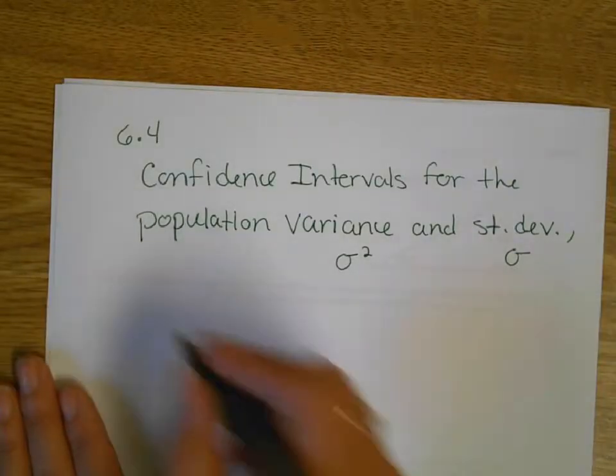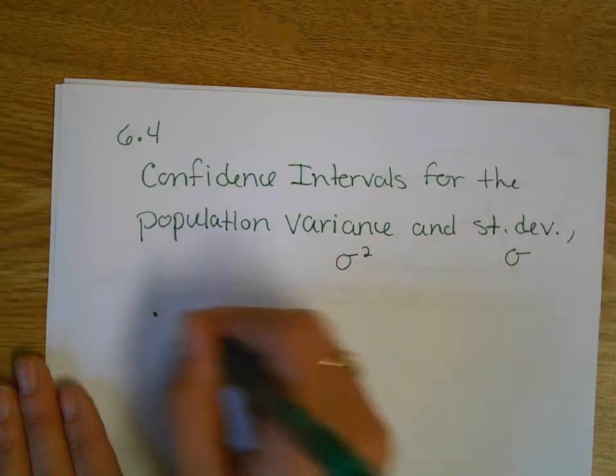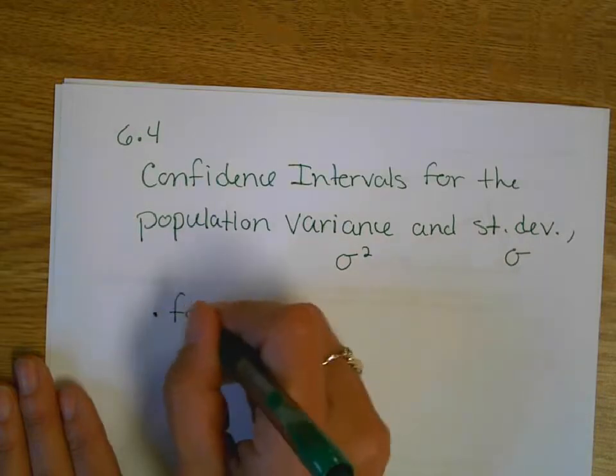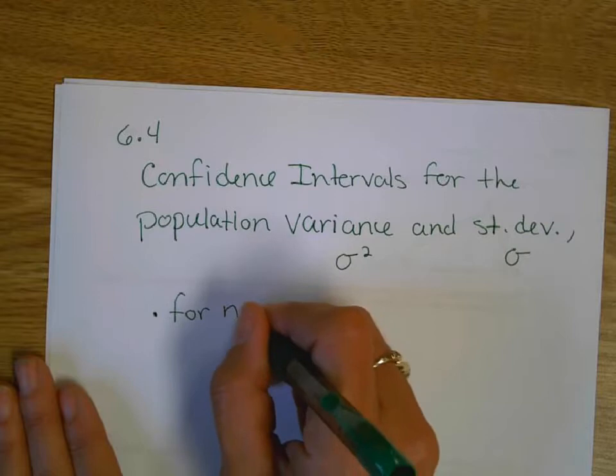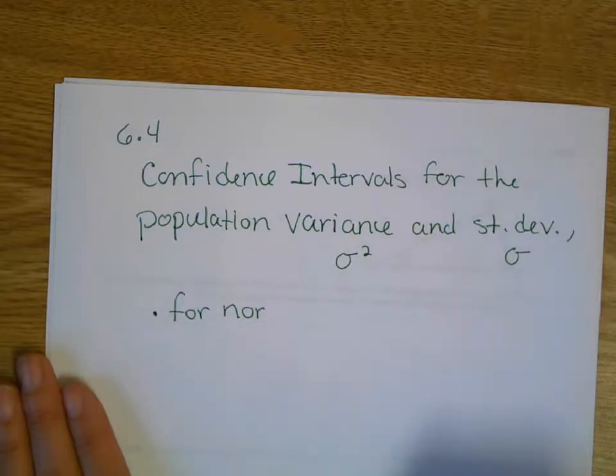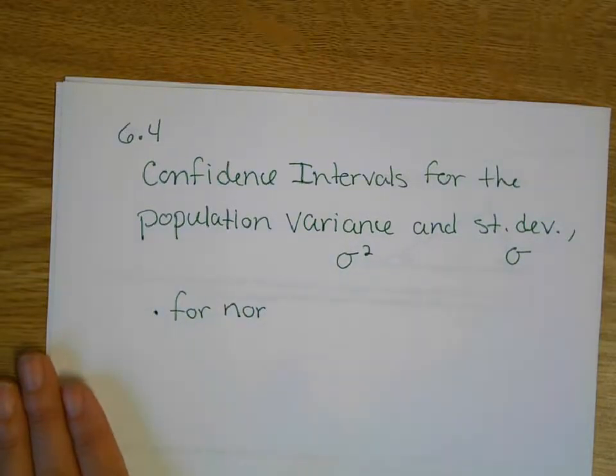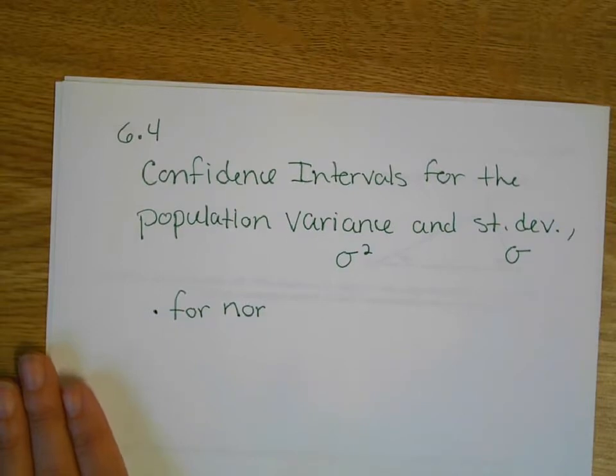Just some facts first. For normally distributed data, so say we were doing heights of people or IQ scores or weights of objects, that data is going to be normally distributed.